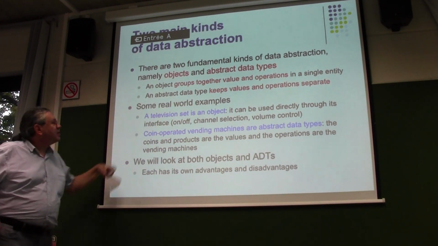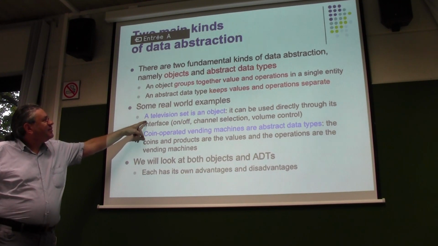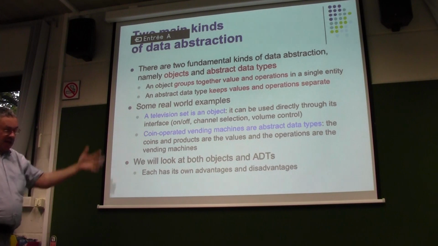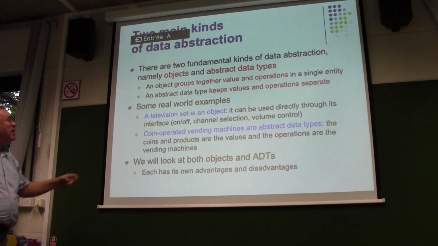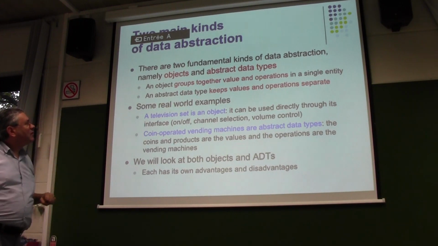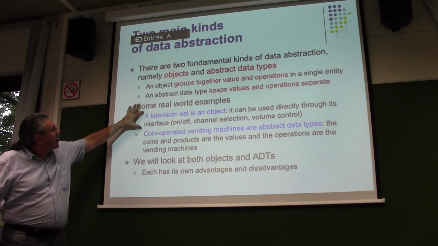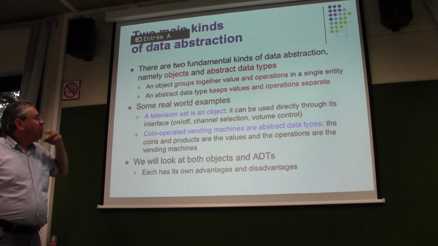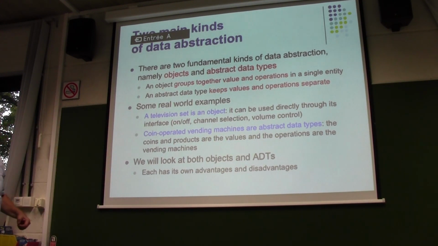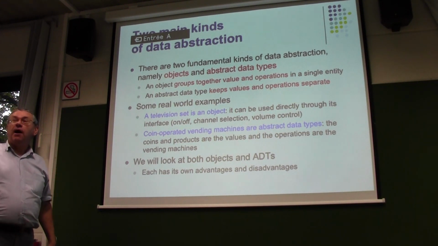Okay? So for example, a television set is an object because it is a single entity and it has an interface, on-off, channel selection, etc. So this is an example of an object. Whereas a vending machine is an abstract data type. You put coins in there and you get products out.